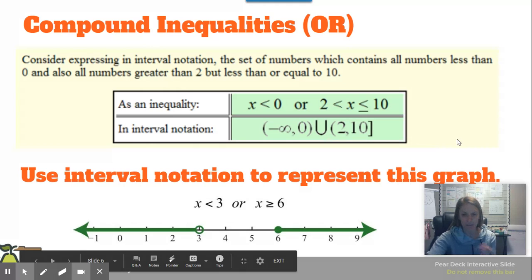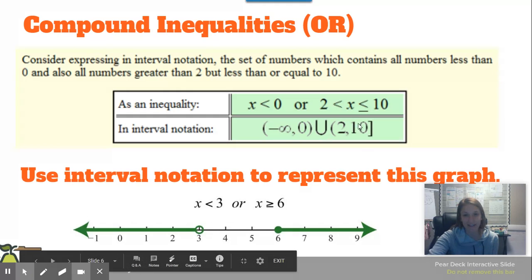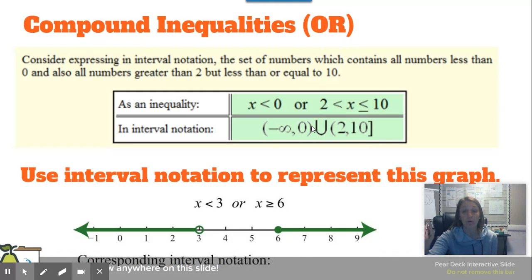Compound inequalities are when we say or. So it includes x is less than 0 or 2 is less than x, which is less than or equal to 10. We use this union sign, which we talked about last year as well, hopefully, that represents the word or. So you would write this as its own interval notation.